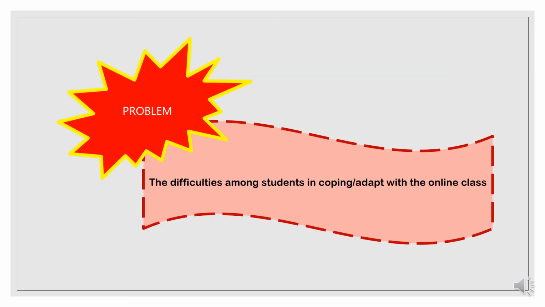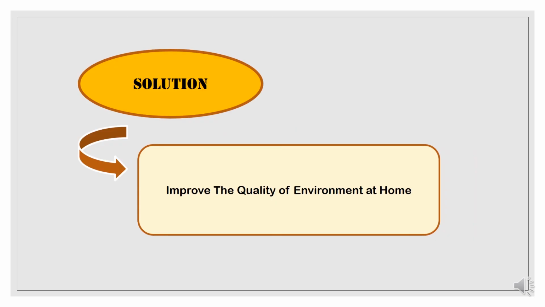So our group will find the solutions for our problem, the difficulties among students in coping or adapting with the online class. One of the solutions is to improve the quality of environment at home.